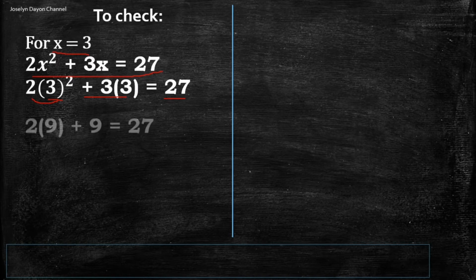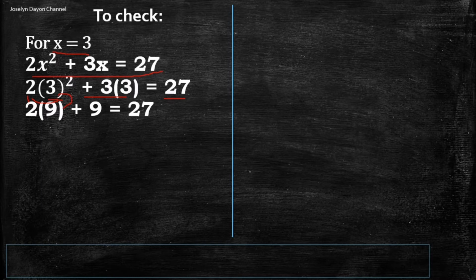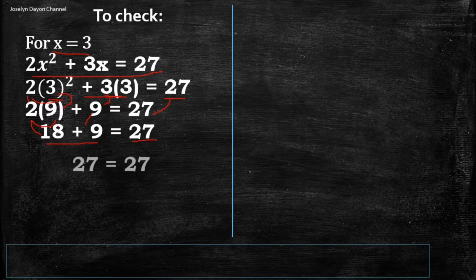Simplify further. 3 squared is 9. 3 times 3 is positive 9. Bring down 27. Next, 2 times 9 is equal to 18. Bring down positive 9, and then you have here 27. Combine 18 and 9. Of course, 18 plus 9 is 27. And on the right side of the equation, we also have 27. So if you have observed, we have a true equation for x equals 3.